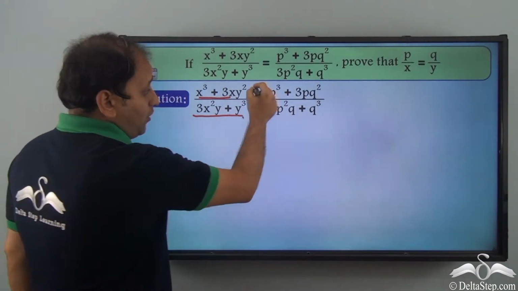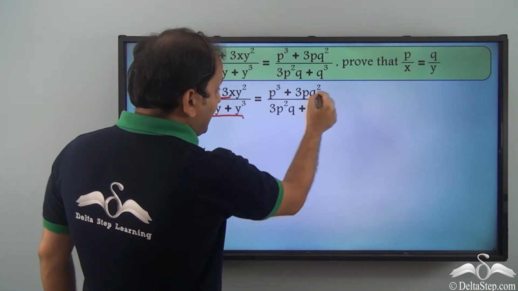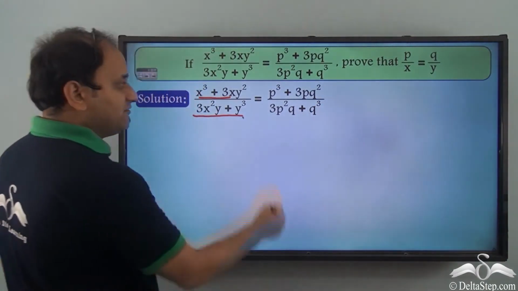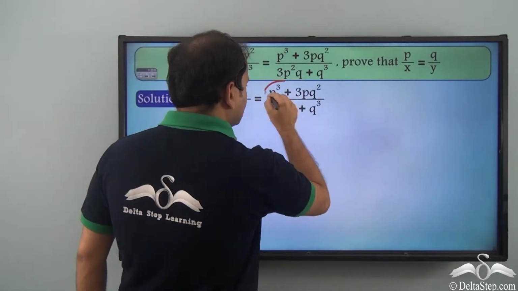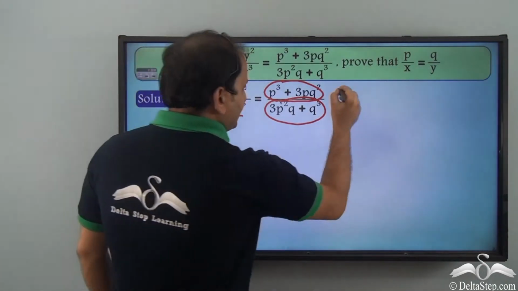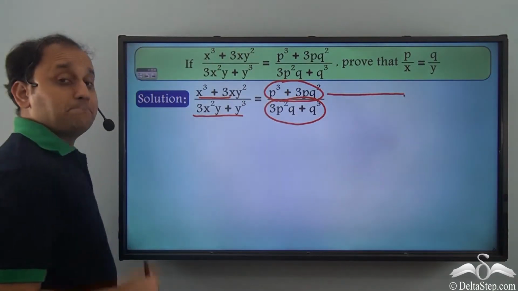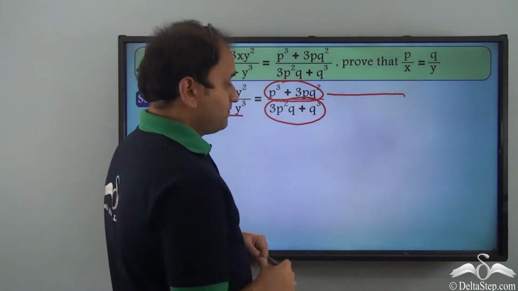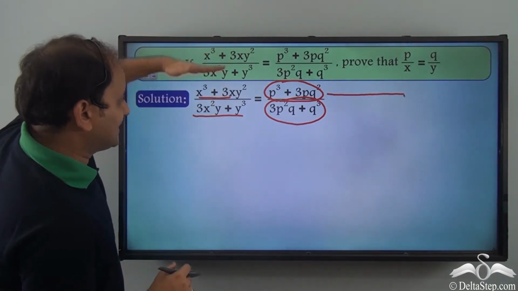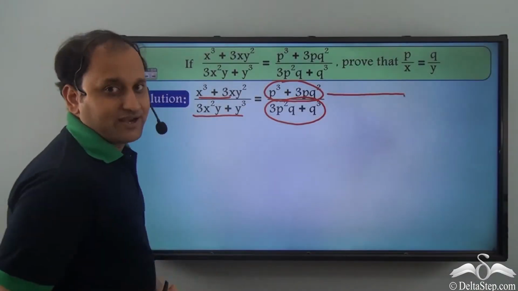Similarly, even on the RHS, we have p cube plus 3pq square by 3p square q plus q cube. Even these two expressions, if they were in a single line, then we could have written this as p plus q whole cube, but they are not in a single line. Half of the expression is in the numerator and half of it is in the denominator.